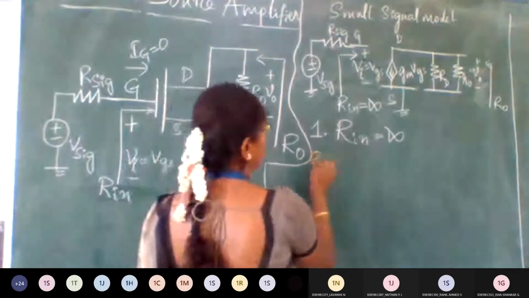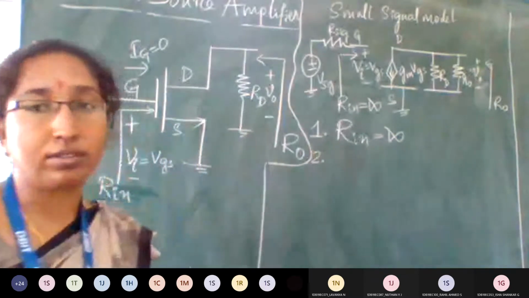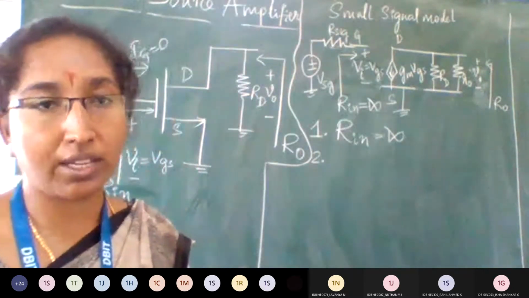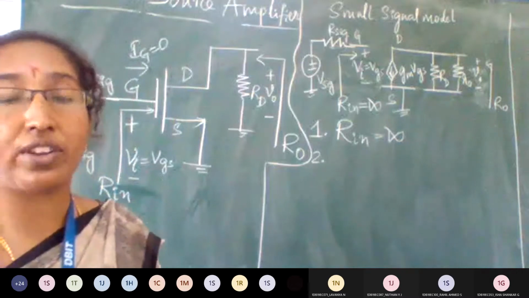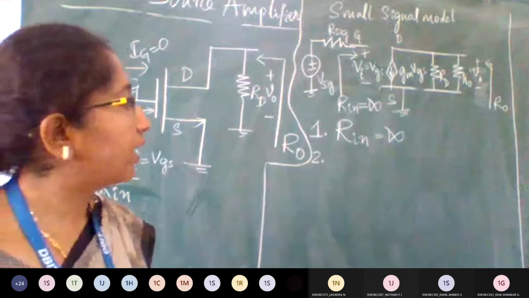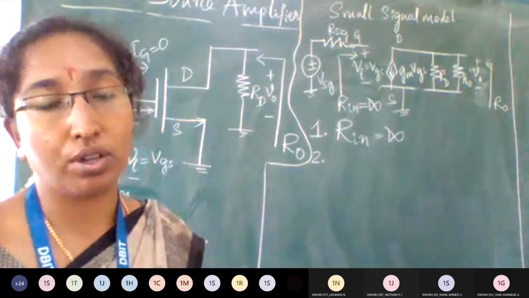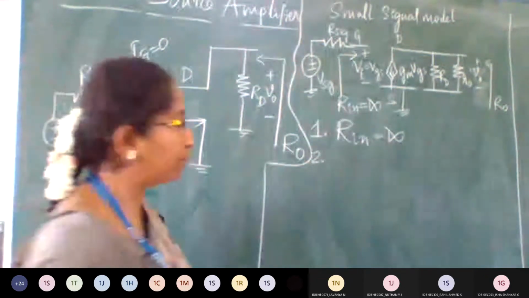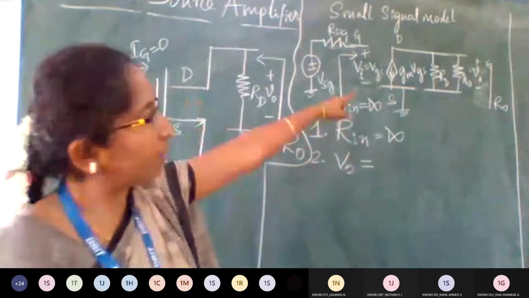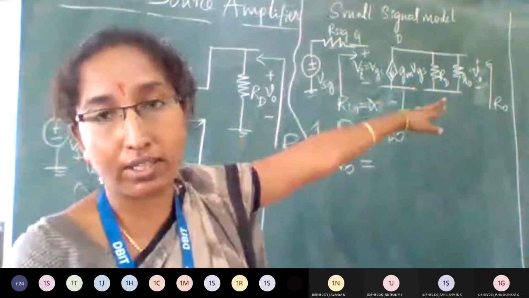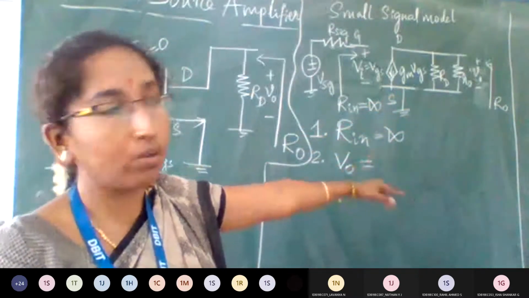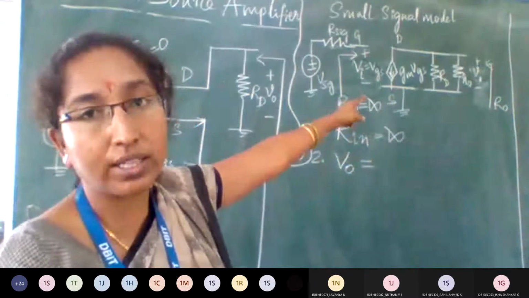Next, in order to find the gain, as you all know, there is the output voltage gain and the open circuit voltage gain AV0, which I told you in the previous class. So now let me go with the output voltage first. How to find the output voltage is very simple here. V0 is equal to the current multiplied by the resistance. What current are we using here? What is the current expression?